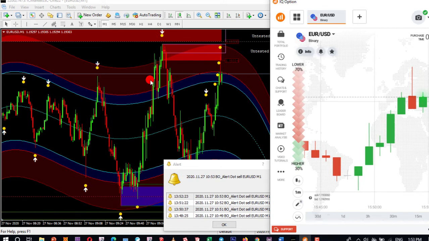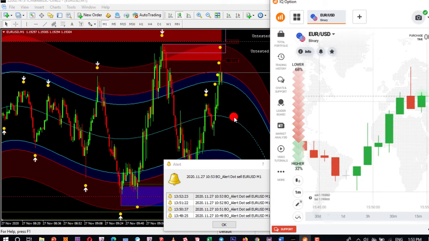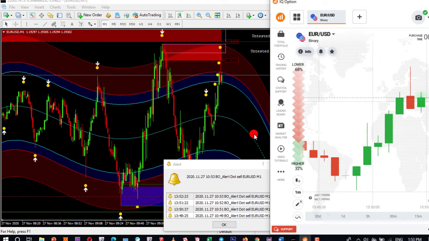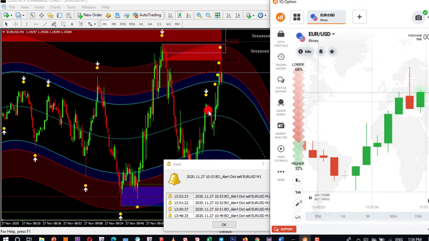So what do these lines show? These lines show the trend. You can see this curve is going downward. It means the trend will be down.